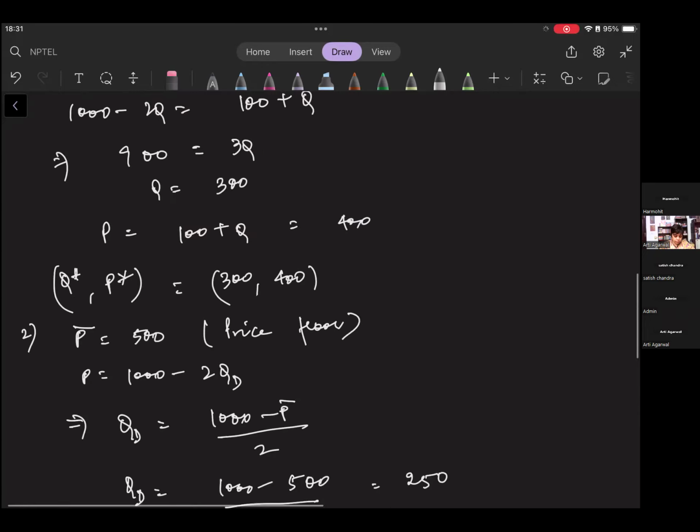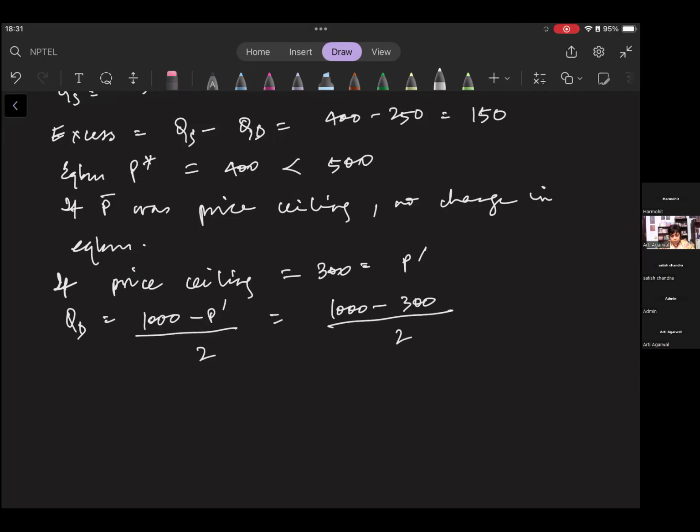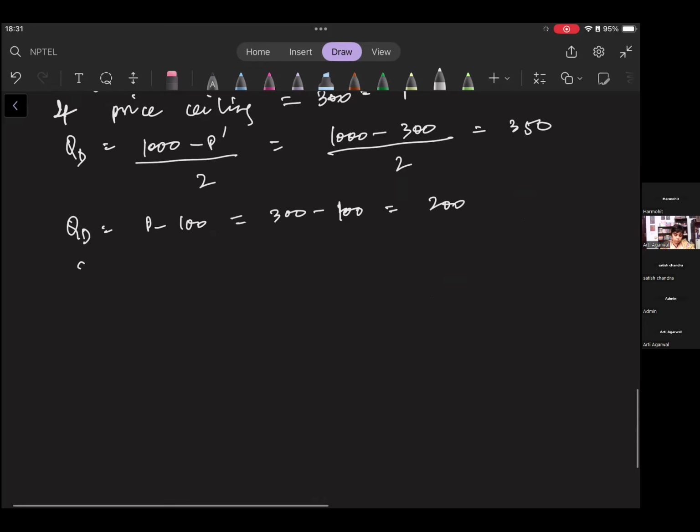Then QD is 1000 minus P prime by 2, that is 1000 minus 300 by 2, so 350, and QS is equal to P minus 100, which is 300 minus 100 is equal to 200.